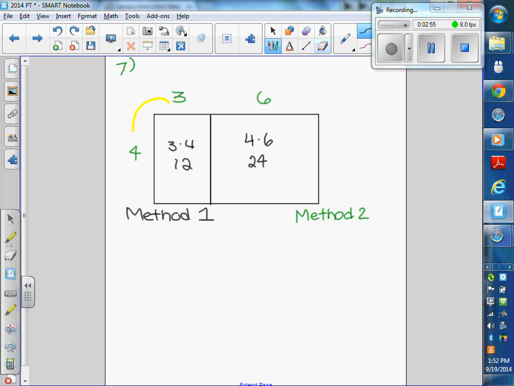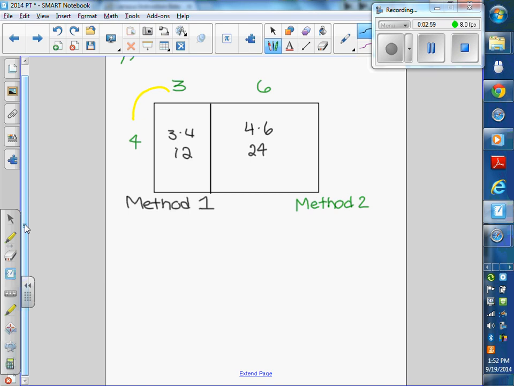Okay, so one of the methods is, and you should be able to write the steps out, that's what I want to make sure you have, that you did first 3 times 4, and then you added that, because you end up adding the 2 areas together, to 4 times 6.